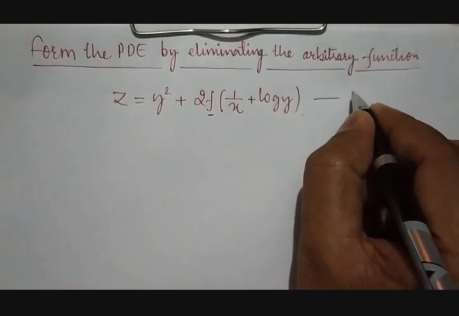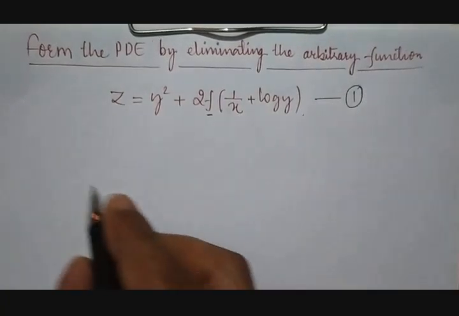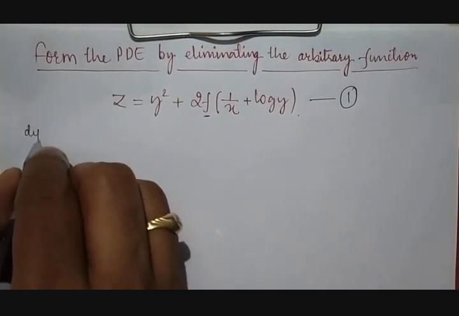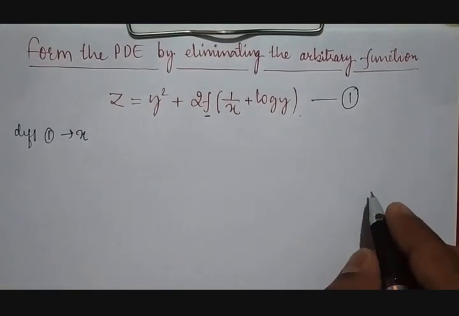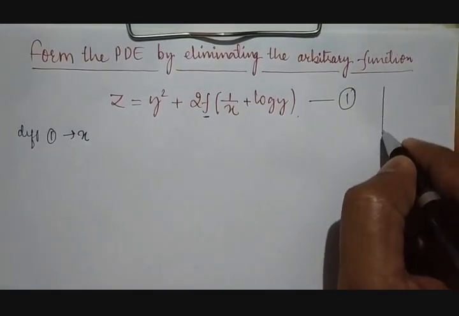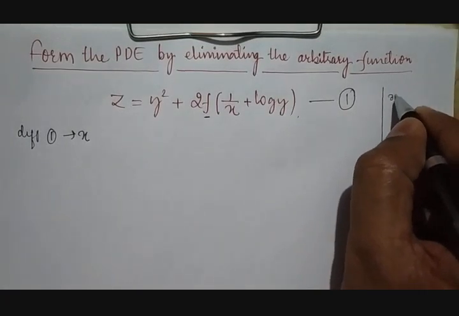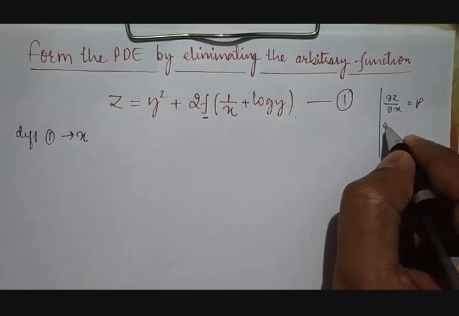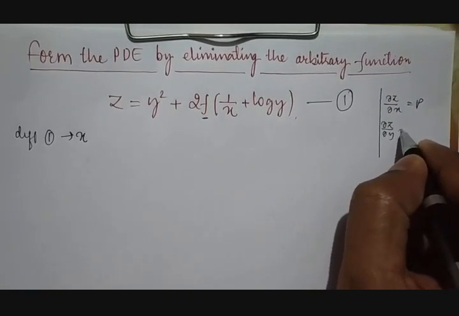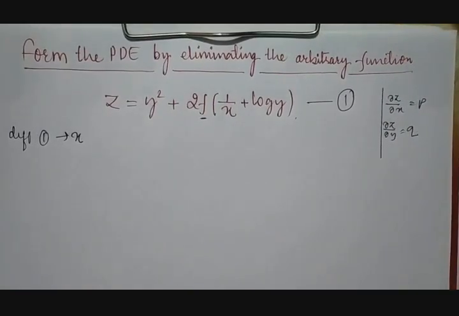Very first, we'll take it as equation number 1. Then we differentiate equation number 1 with respect to x. Before going through the example, again I take the notations. We are going to take dou z by dou x is equal to p and dou z by dou y is equal to notation q.